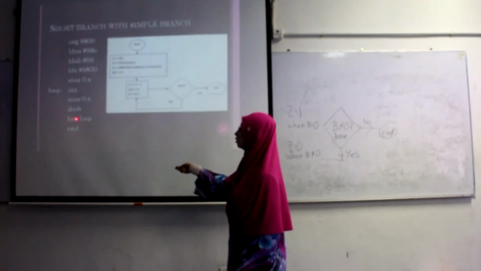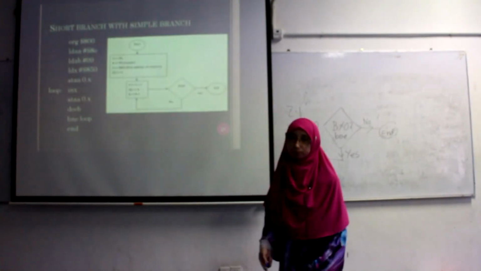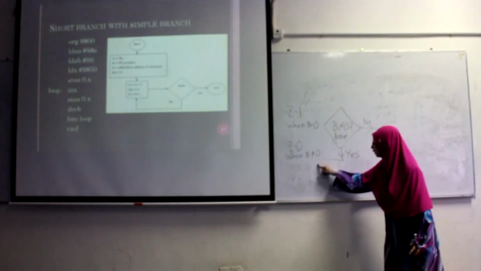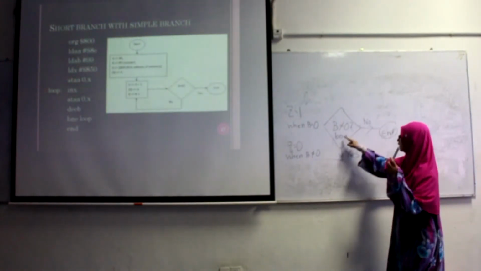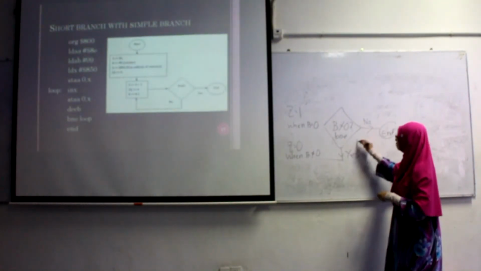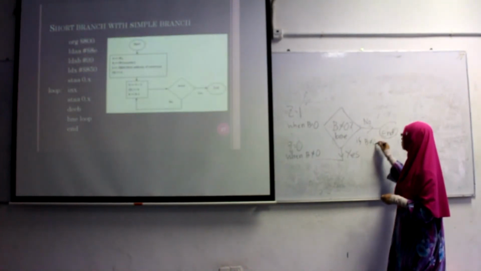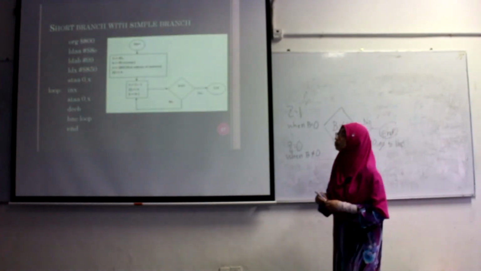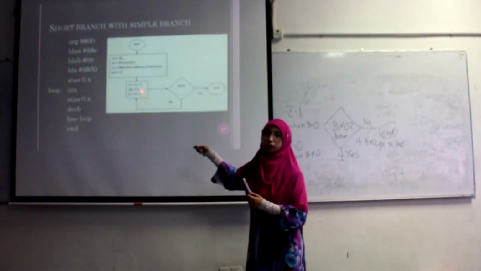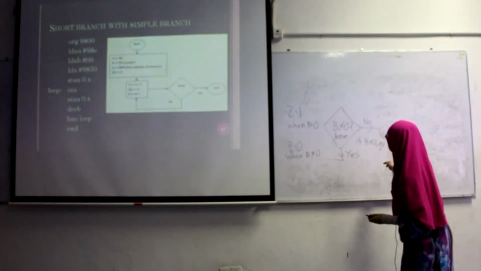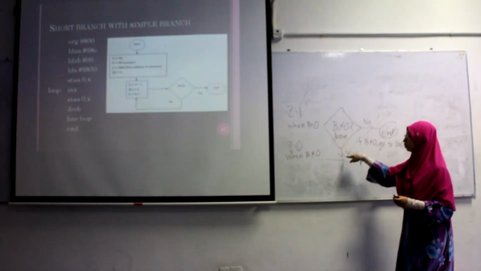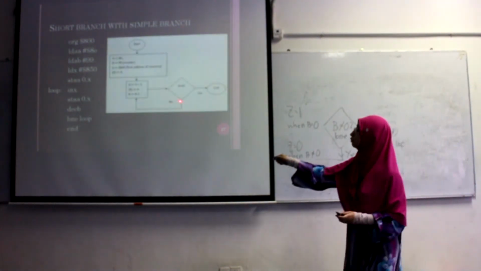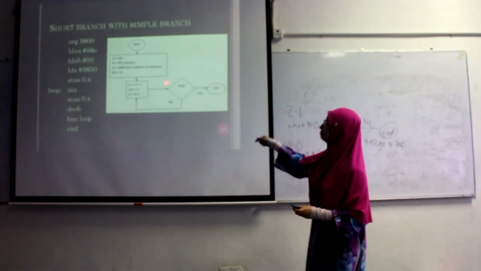When the condition is true, it will go to the loop. That's why I told you to change your flowchart to be looping, using yes, because the condition here is if B is not equal to 0, go to loop. So make sure for looping we use yes, not no. You have to modify the flowchart.